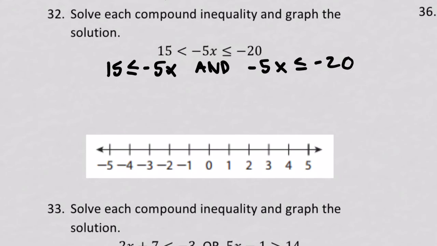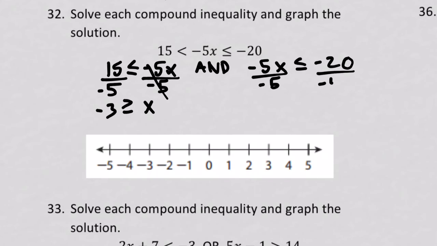Okay? So I'm going to solve the first one by dividing by negative 5. The negative 5 cancels with the negative 5. So what I'm going to get is x on this side, negative 3 on this side. But notice that since I divided by a negative, I have to reverse the inequality symbol. For the second one, I am going to divide by negative 5 also.